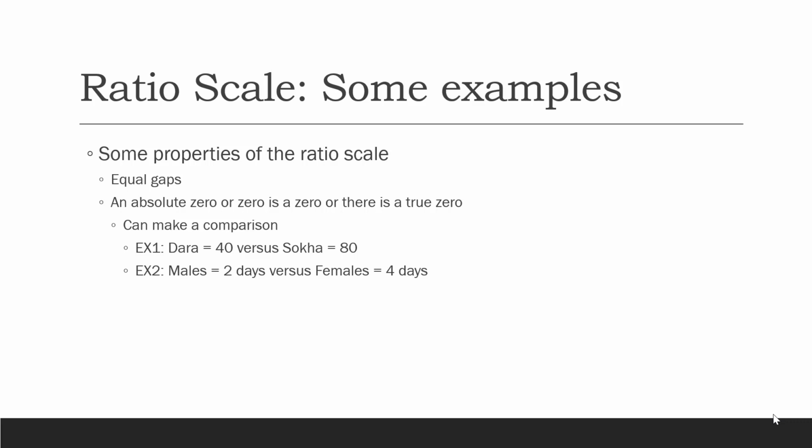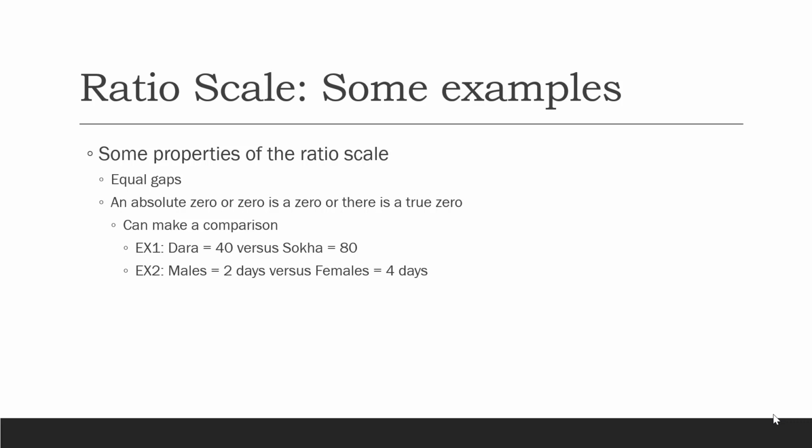So here we are talking about the average number of days a local holiday maker spends in the provinces or overseas. So the first property of the ratio scale is exactly the same as the property of the interval scale that we talked about a little bit earlier.